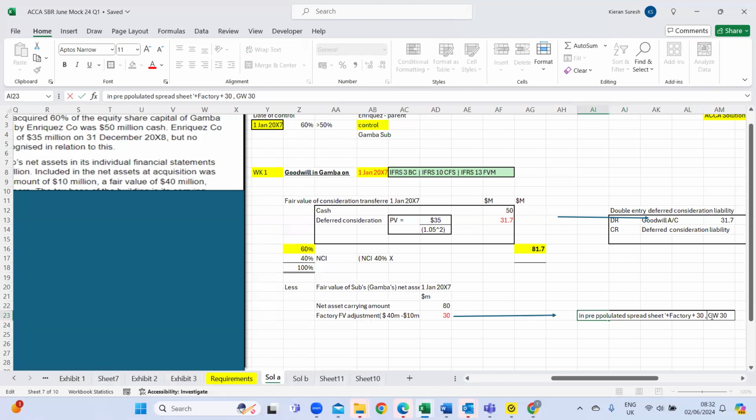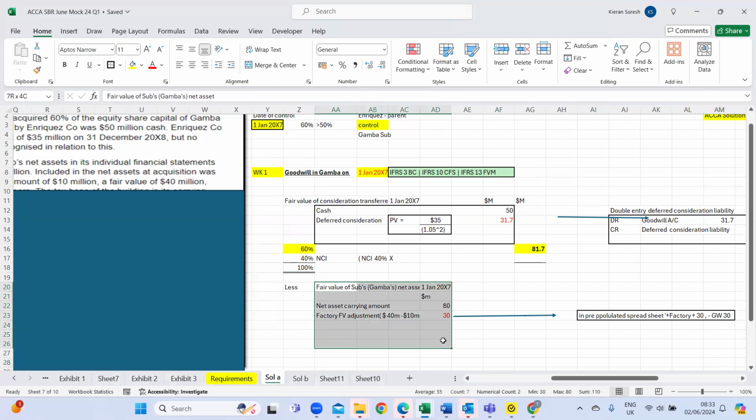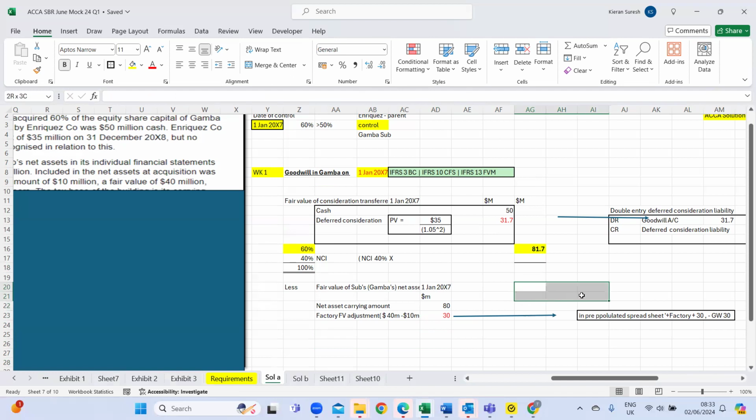Why does goodwill have to decrease by 30? You know how the goodwill works: from the consideration you deduct the net assets. If you make the net assets bigger, your goodwill would shrink.